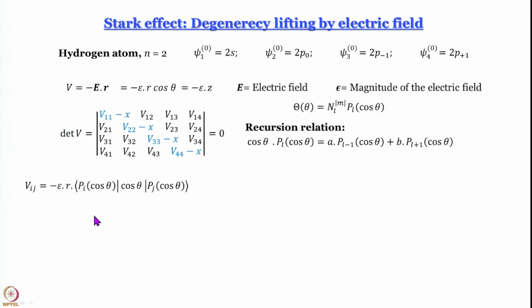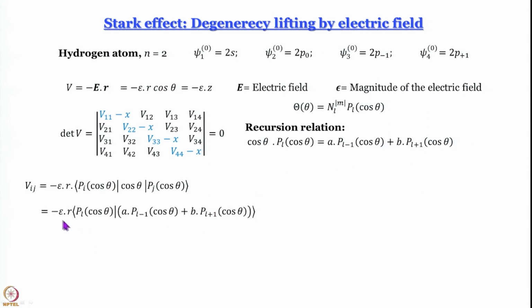Vij is equal to minus epsilon r multiplied by Pi of cos theta, cos theta, Pj of cos theta integrated over all function space. Okay. Here we have our good friend cos theta multiplied by Pj of cos theta. So, of course, you can expand using this recursion relation and you get minus epsilon r.